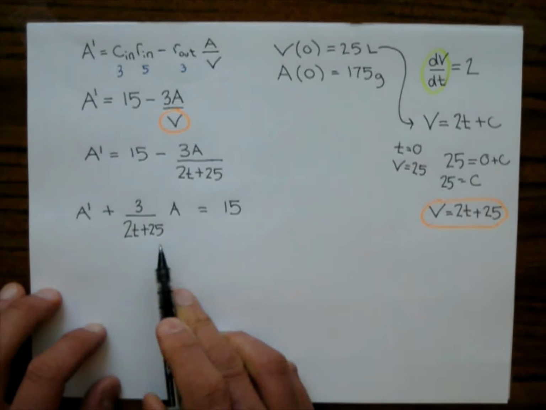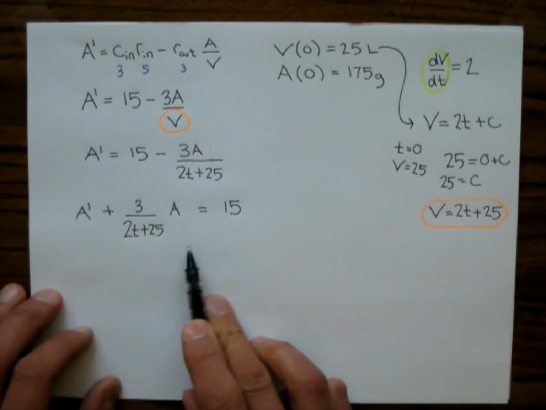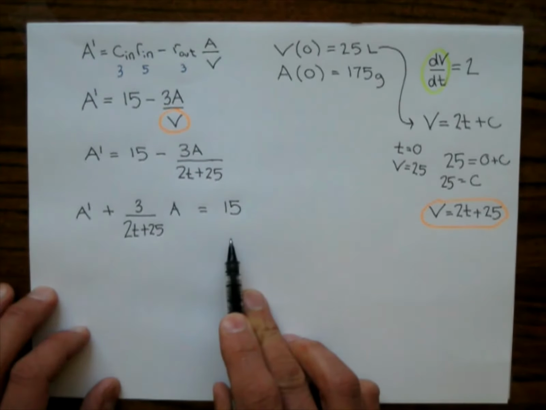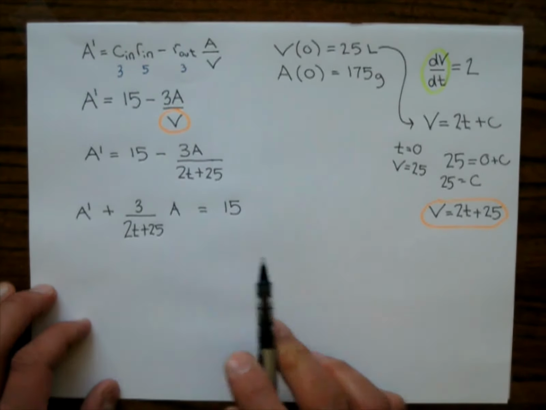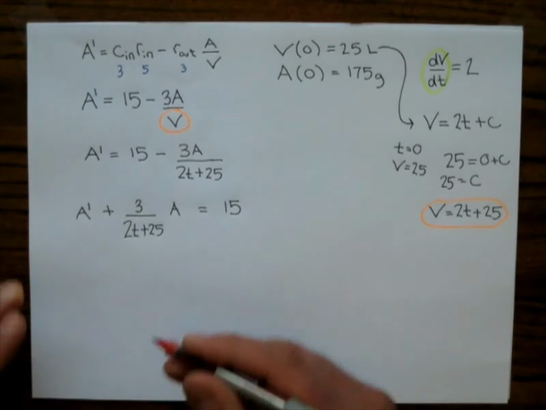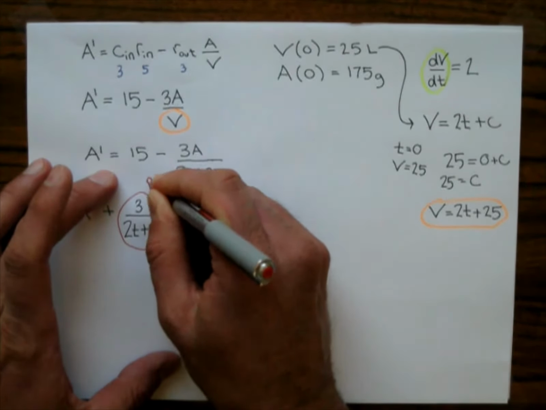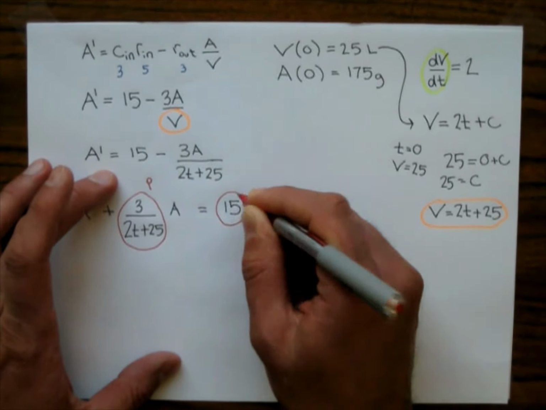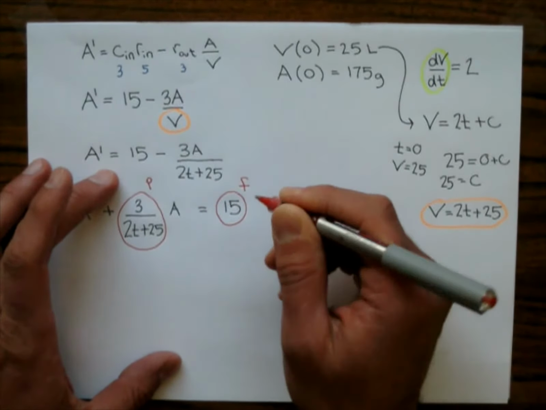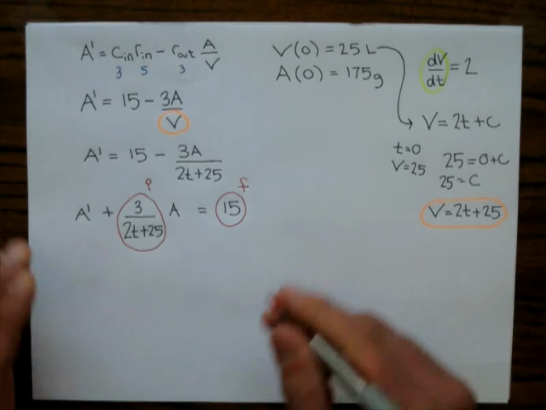Now, the reason for doing that here is I actually have a linear differential equation, first order, and I'm going to identify this as function P, and this guy right here is function f.